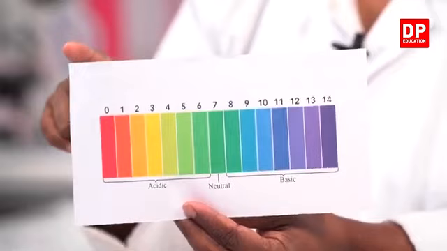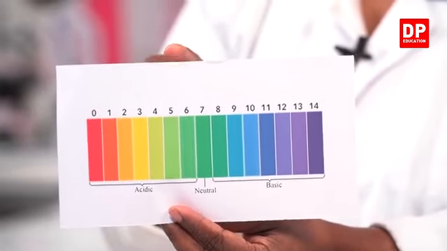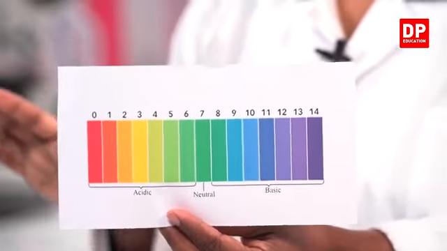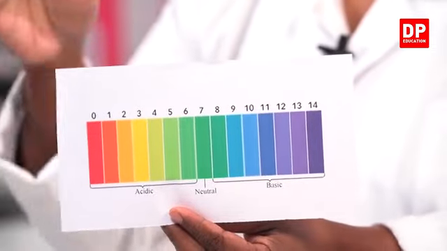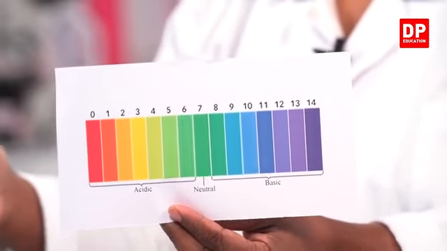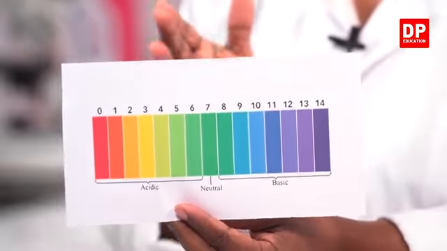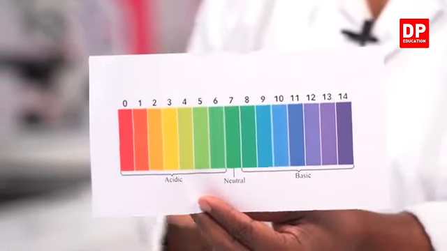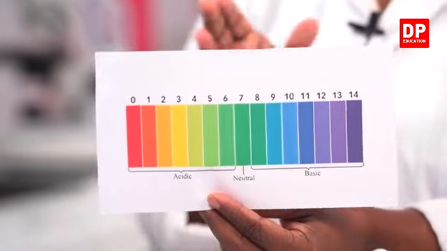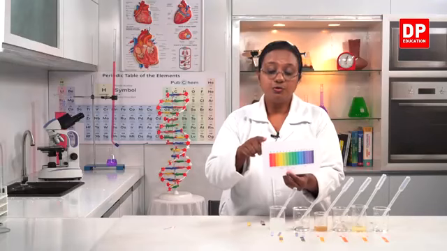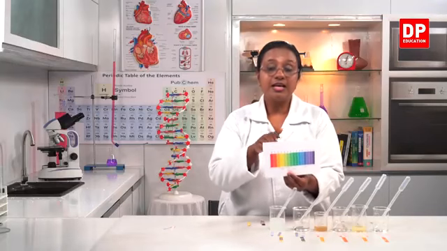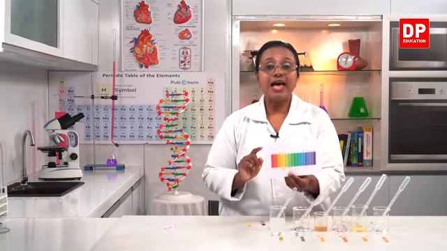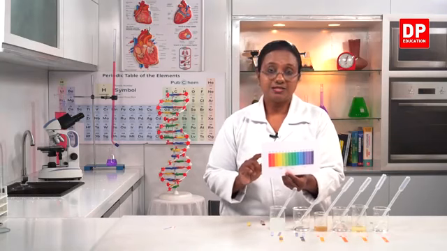So starting from 0 up to value 6, it is the acidic pH. Strong acids have the lowest value. So when the pH value increases, the acids become weaker, or we can say the acidity decreases. So when you go from 0 to 6 in the pH scale, the acidity decreases.